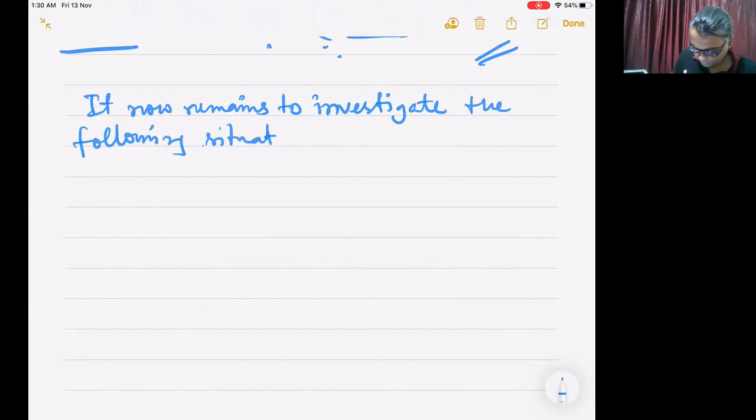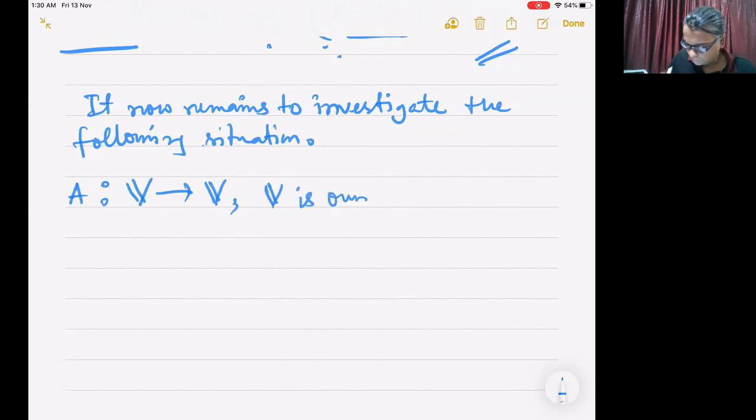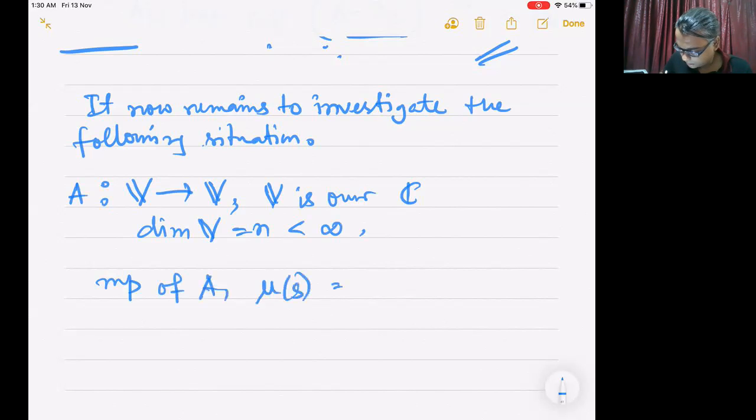A is a linear operator from V to itself. V is over the field of complex numbers. Dimension of V is equal to n, finite, and the minimal polynomial of A, mu(s), is given by (s minus lambda) to the power k. This is the situation.